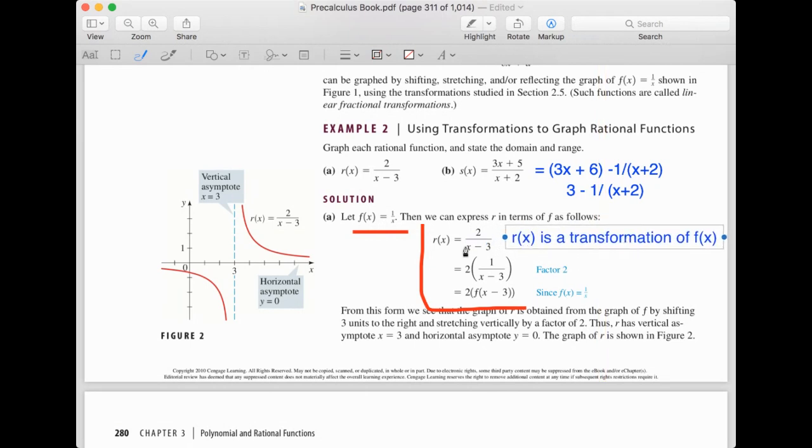If we can write one function in terms of another function, that is to say the function is a transformation of the other function. Let's see the second one. Maybe we can write s of x in terms of f of x also.